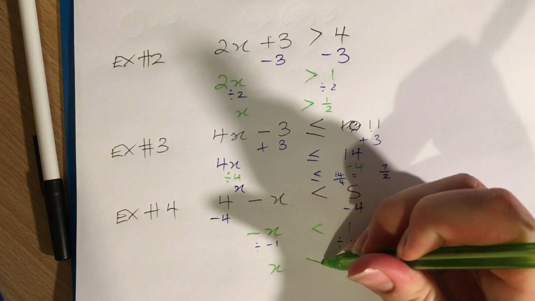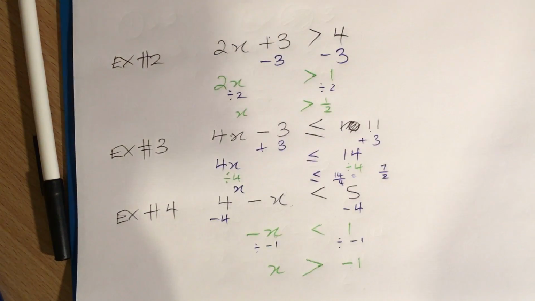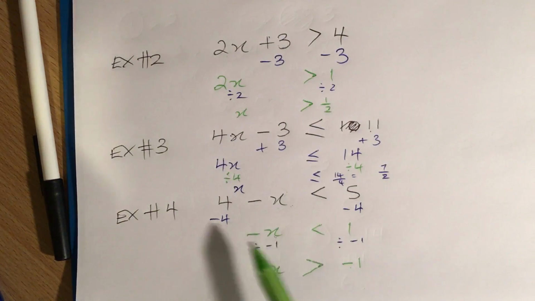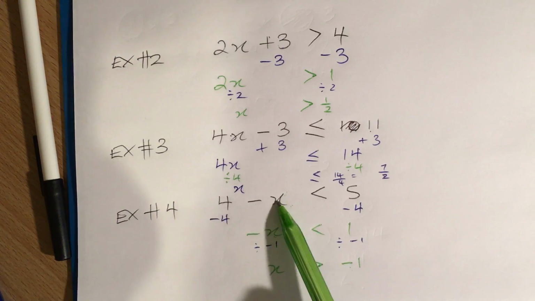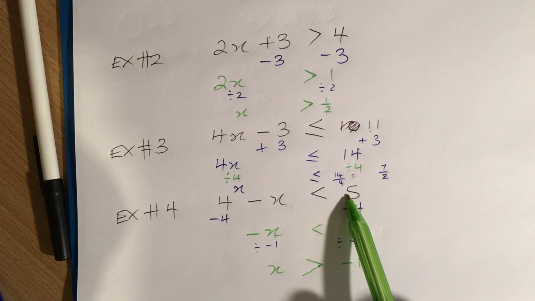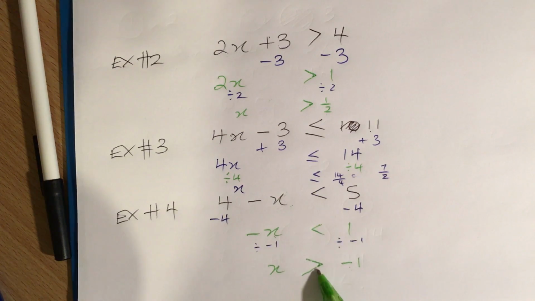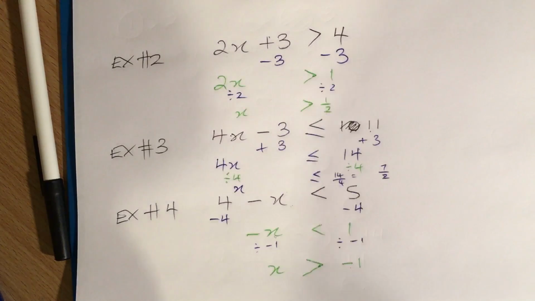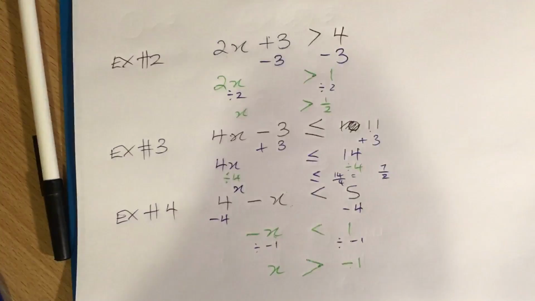So we'd have to say that x is greater than negative 1. Why? Because if x is 0, 4 minus 0 is less than 5. 4 minus 1 is less than 5, and so on. If x was less than negative 1, then you would get numbers bigger than 5.